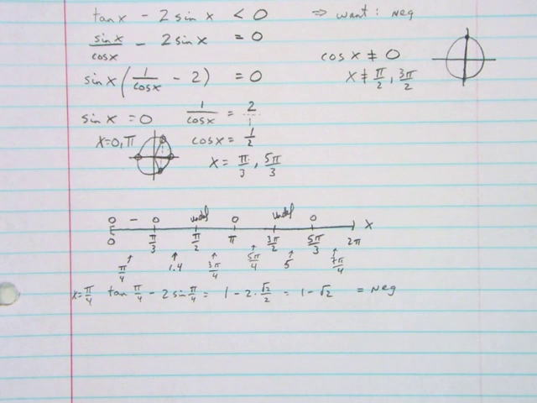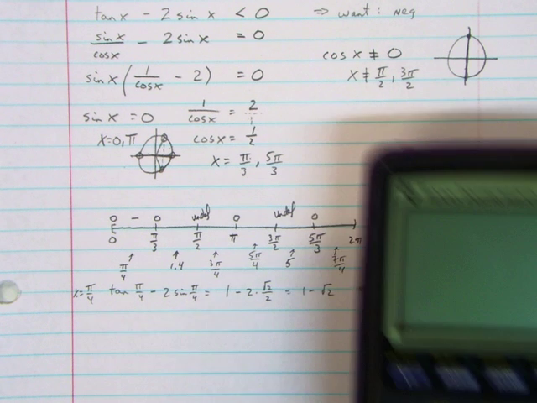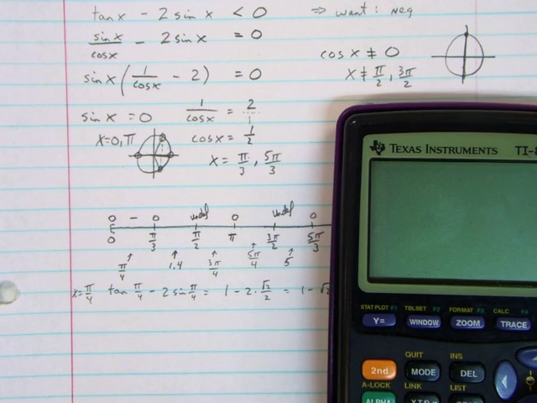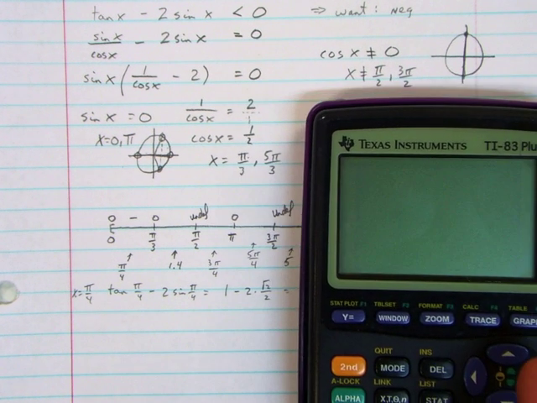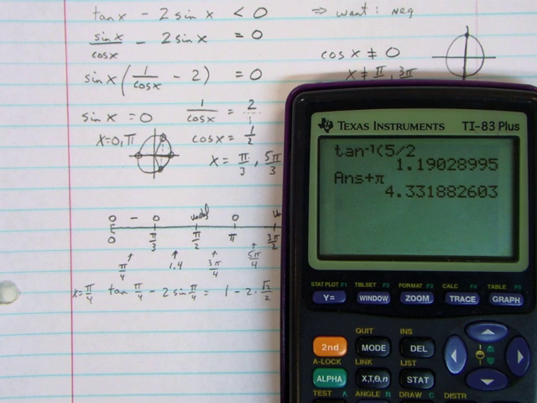Now we don't really have something good there, so let's take a look and just type it in. So I want to say tangent, turn it on first. Still have that problem.